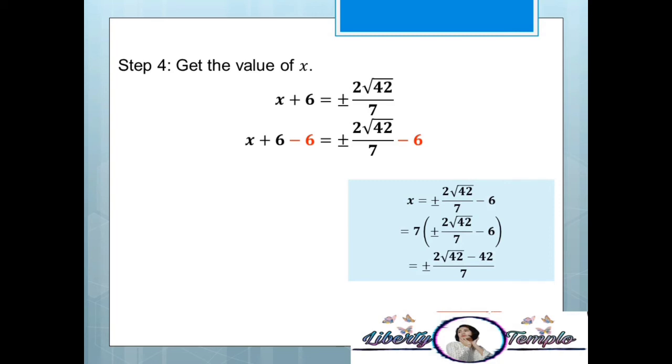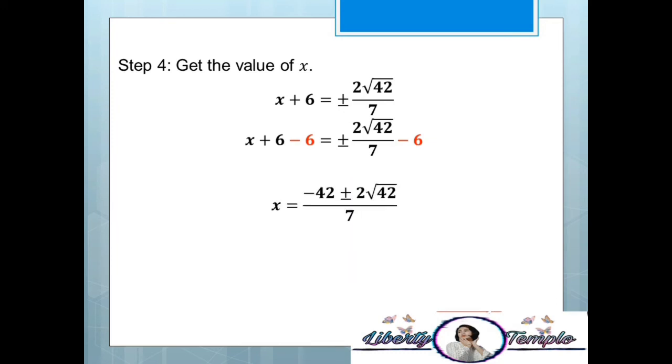And this results to positive negative 2 square root of 42 minus 42 all over 7. So we now have our x sub 1, which is equal to negative 42 plus 2 square root of 42 all over 7, and x sub 2 equals negative 42 minus 2 square root of 42 all over 7.